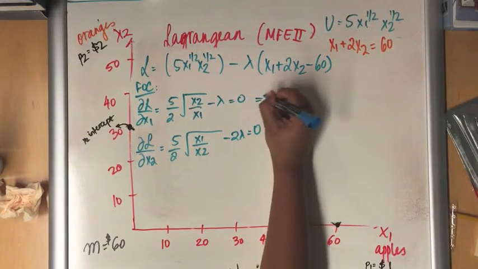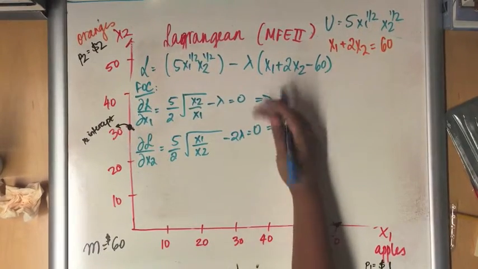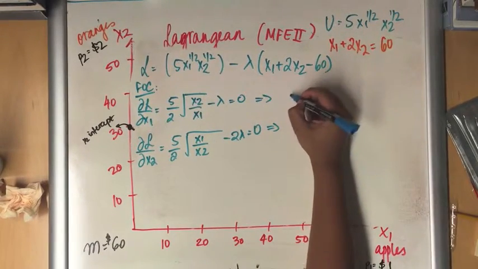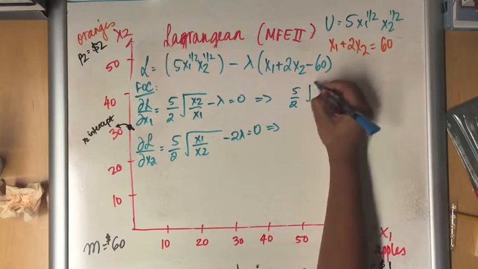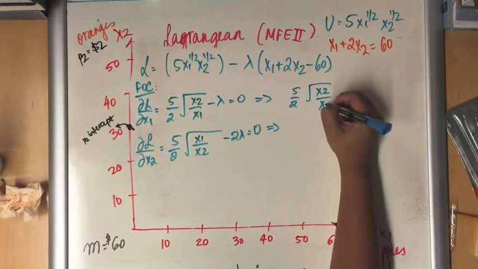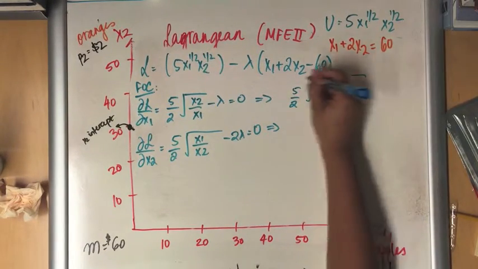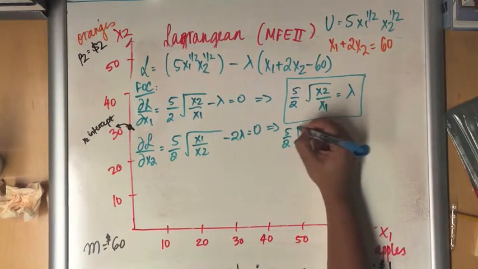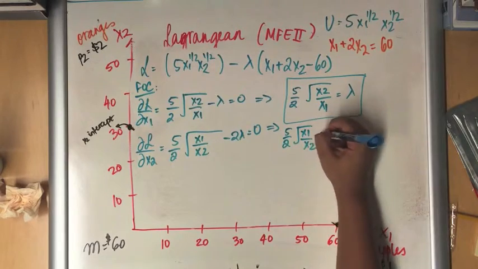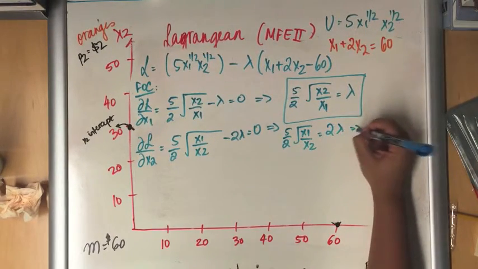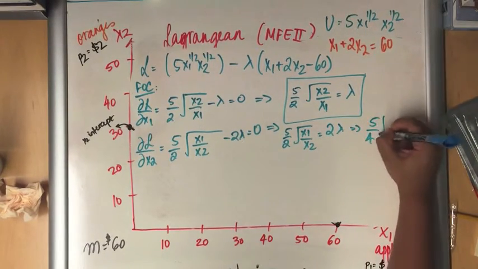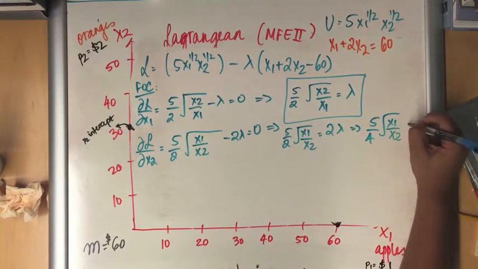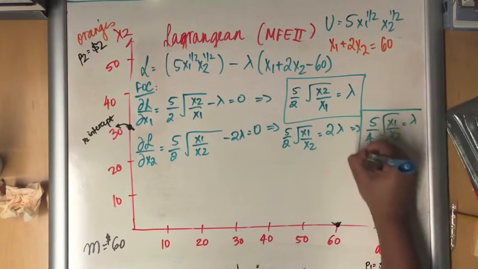Now we want to isolate the lambdas and set them equal to each other. This gives me 5 over 2 root x2 over x1 is lambda. And this gives me 5 over 2 root x1 over x2 is 2 lambda, which gives me 5 over 4 root x1 over x2 is lambda.